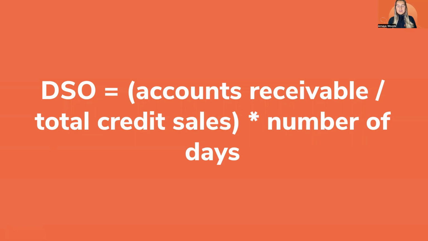By tracking your DSO, you can identify any potential issues with your accounts receivables process and take corrective action before they become bigger problems. If your DSO is high or climbing month over month, try implementing some accounts receivables management best practices or an AR management software like Chaser to help reduce it.